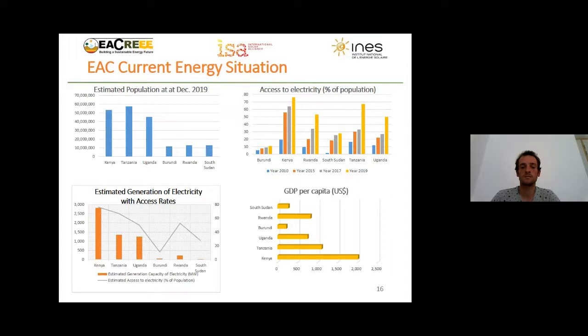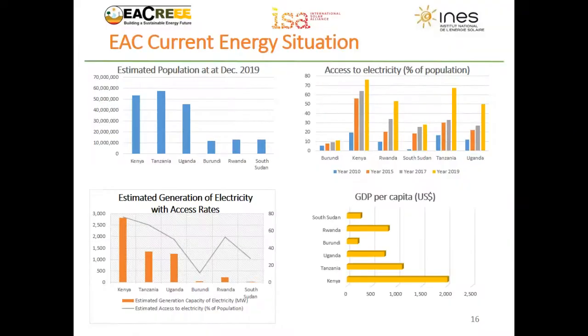On the top left side, we have the graph showing the regional perspective in terms of population. As you can see, we have 6 countries in the East African Community region, and 3 of the countries have quite similar population regime.